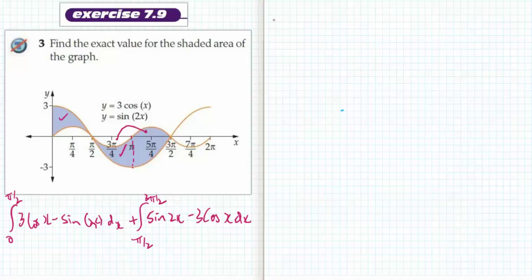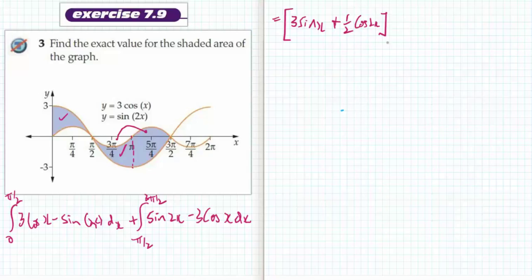So the area is going to equal then, integrating the first one, 3 cos of x. The integral of cos is sine, so that's going to be 3 sine. The integral of sine is negative cos, so that's going to become a positive. And I've got a 2 there, so I'll need a half cos of 2x.